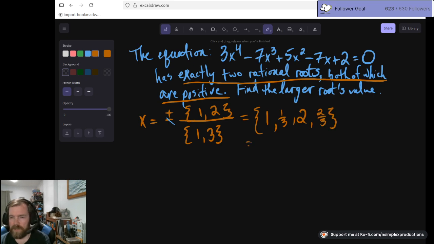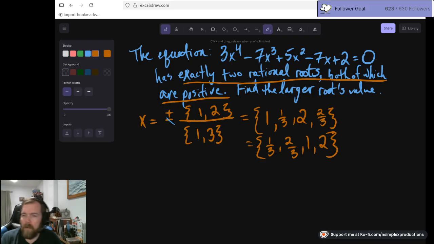If you want it in proper form, I guess, we'd start at the bottom and then work our way up in terms of value. It doesn't really matter. So at this point, we look at this and say, okay, these are our candidate zeros.